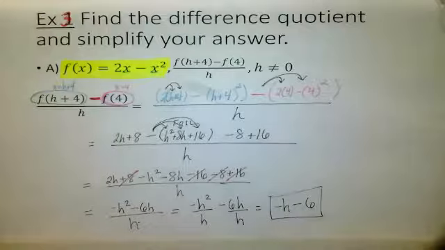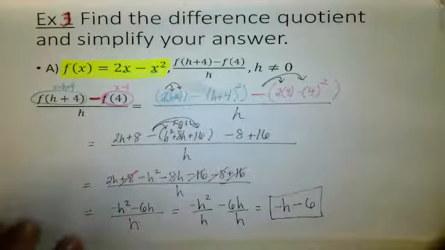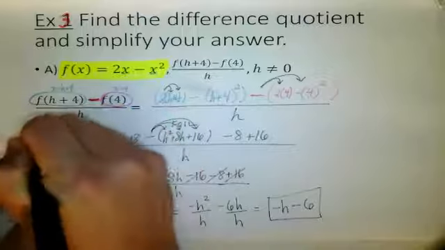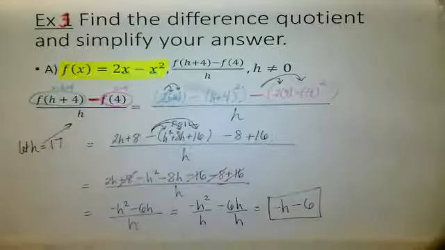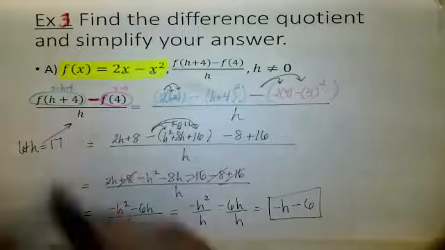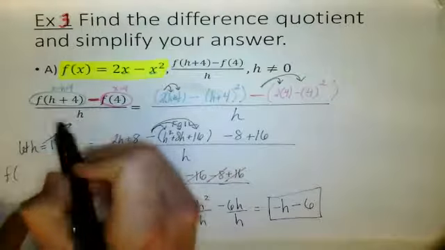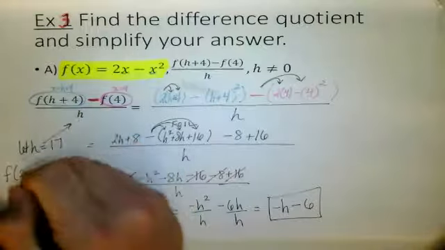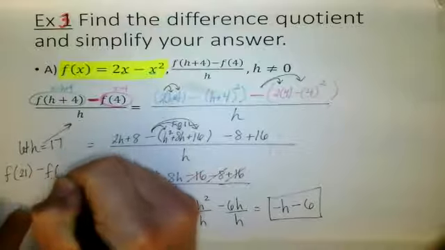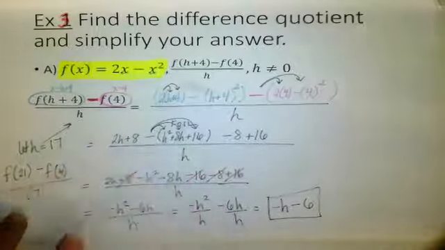How do you check it? That's a good question. You just gotta be very careful. I do think there's a way to check it, and it has to do with picking a number for h, a kind of crazy number. So if you pick a crazy number for h, like 17, then 17 plus 4 is 21, minus f of 4, over 17.